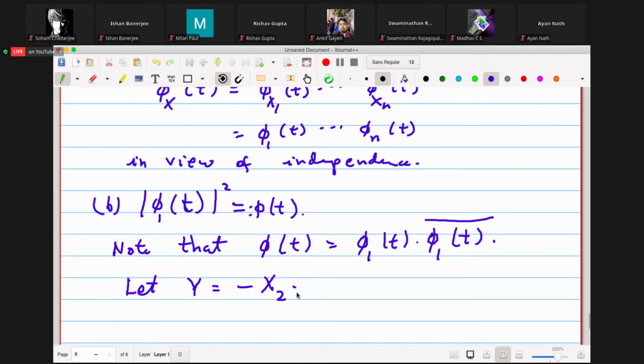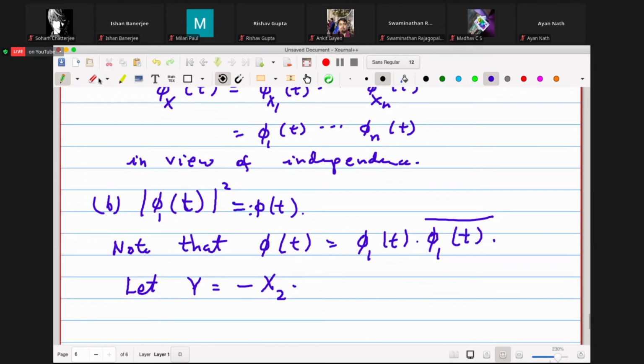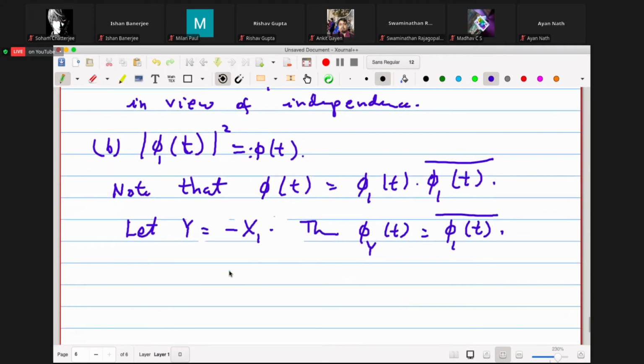Wait a second. So here x1, they are not identically distributed, so I want to write here y is equal to minus of x1, then phi y of t is actually phi1(t) bar. Okay, you can just directly get it out of the definition of characteristic function. Okay, so this is something that we did perhaps last time also.